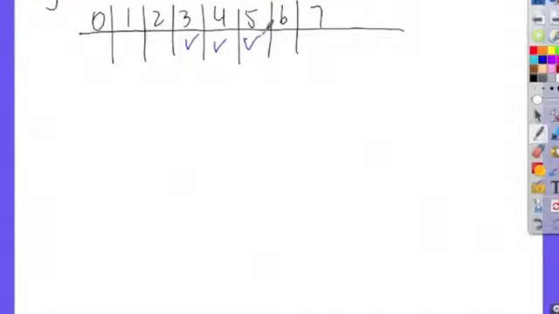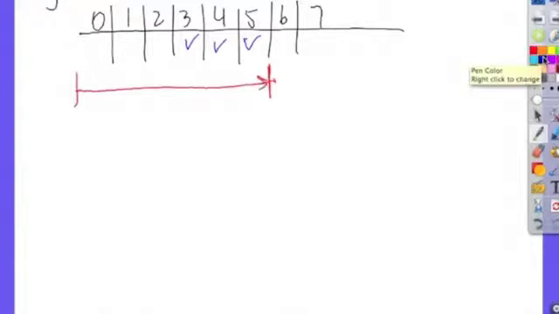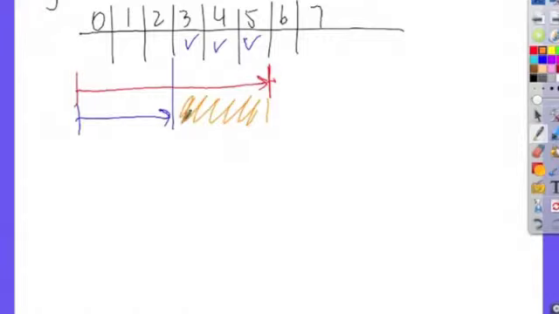And again, I want to use the calculator to do that. The way I'm going to do that is this technique. I'm going to get the calculator to add up all the probabilities up to 5, and then I want to subtract off all the probabilities up to 2. And hopefully you can recognize that the probabilities that are left are 3, 4, and 5. So the way I would do that calculation is this.